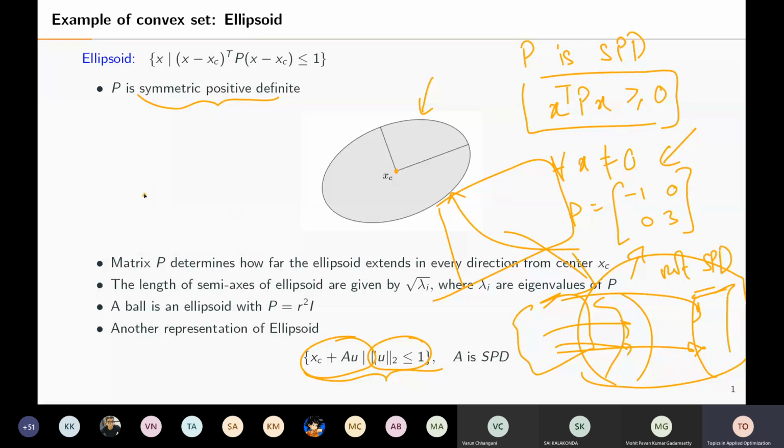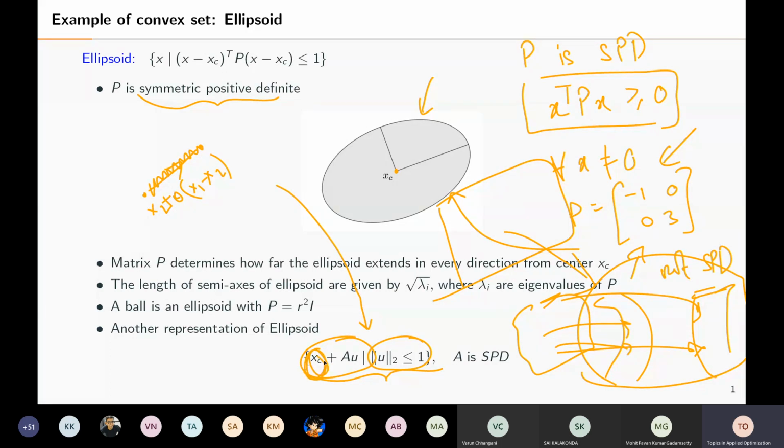If I had a line, I started from x2 and then I went in the direction of x1 minus x2 with a length of theta, and then I added like this. This gave me the points on the line joining x1 and x2. This in some sense is a generalization of that.